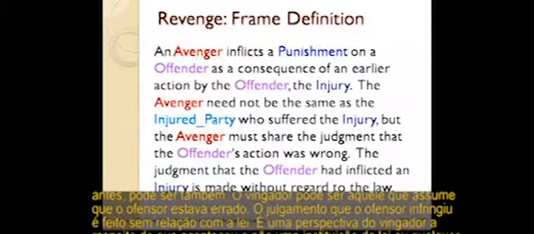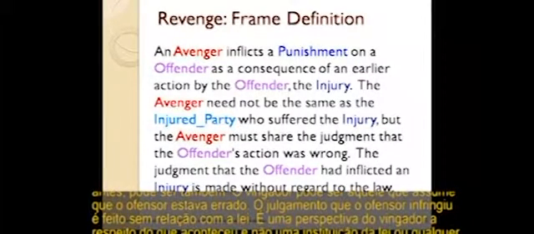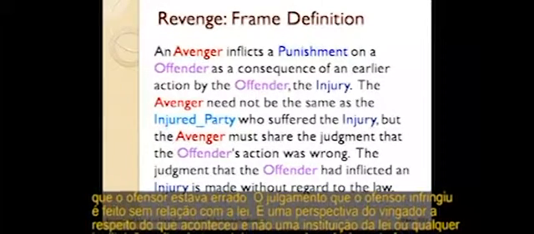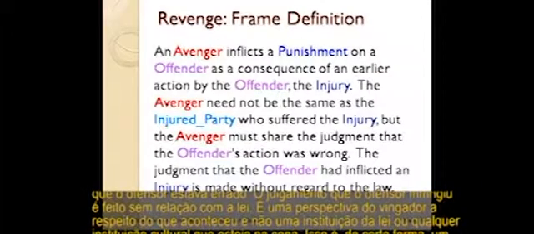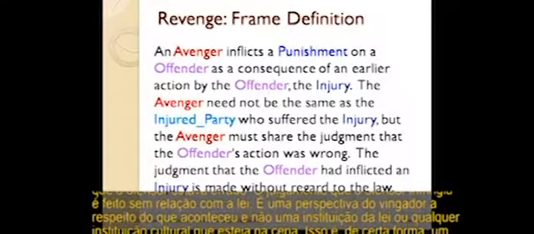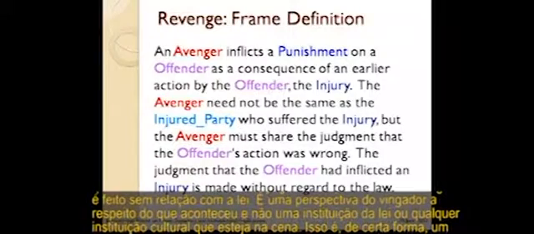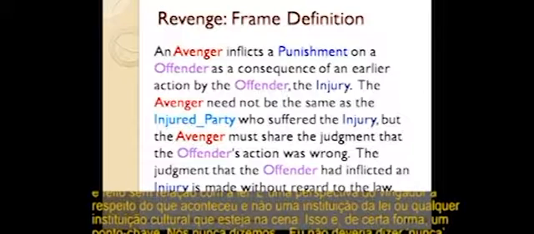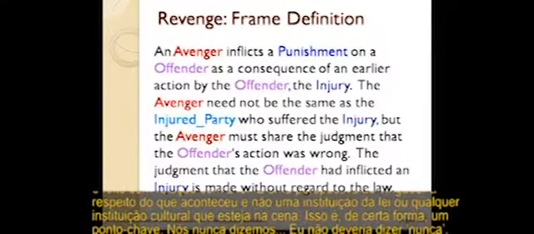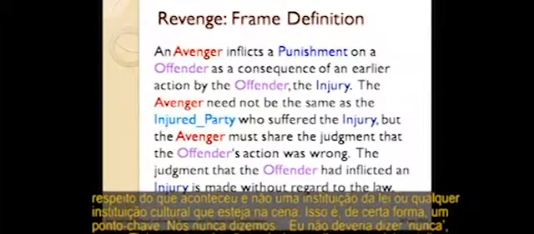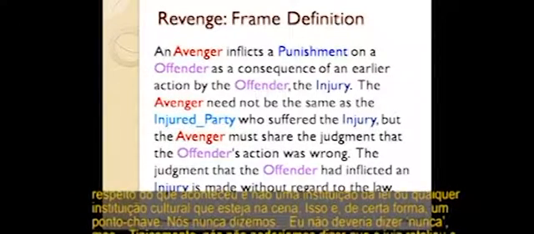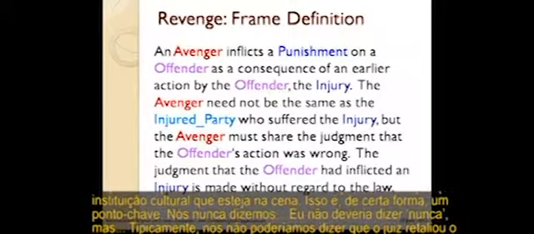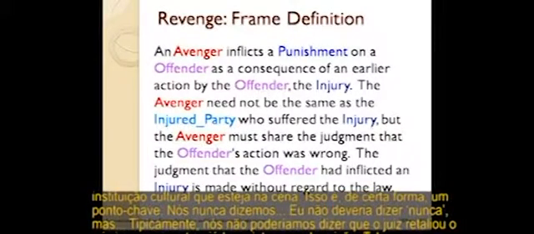The avenger must share the judgment that the offender's action was wrong. The judgment that the offender had inflicted an injury is made without regard to the law. So it's the avenger's perspective about what's happened and not the institution of law or the other cultural institutions that are at play.